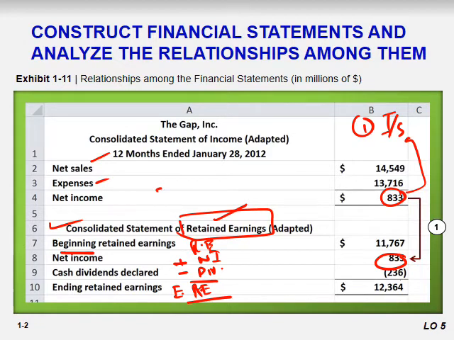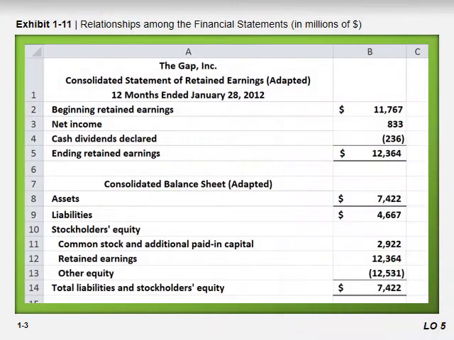So first we have to make the income statement, and then from the income statement we make the retained earnings statement. We are now developing the relationship. That's why we construct the income statement first and the retained earnings second. And as we already made the retained earnings, it will help you create the balance sheet: assets, liabilities, stockholders' equity.